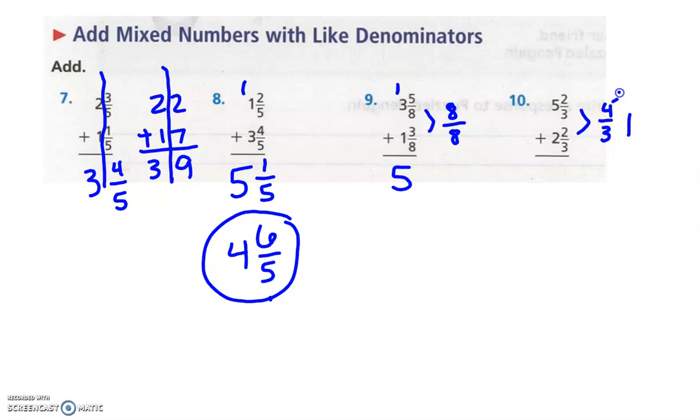That was a full group of thirds I just got rid of. And then 4 minus 3 means that I'm going to have 1/3 left over. So in order to answer this, I'm going to bring my 1/3 down, and I'm going to carry a 1. So 1 plus 5 plus 2 equals 8. So my answer would be 8 1/3.